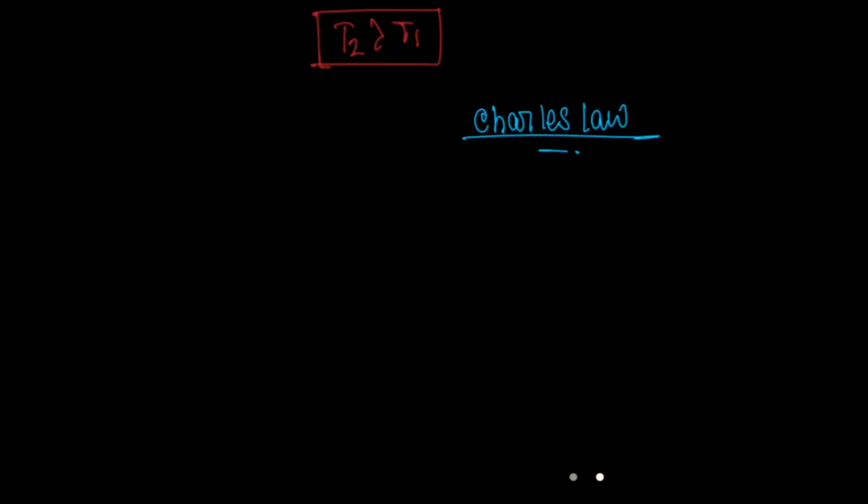In Charles law, we are going to make V and T variable. So V and T are variable. Definitely in Charles law, P and N, both of them, are constant.